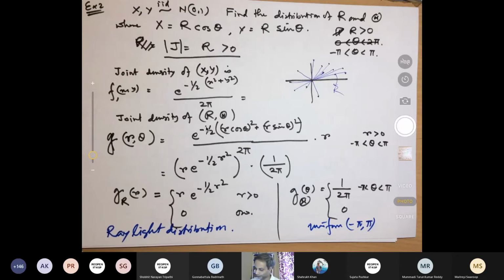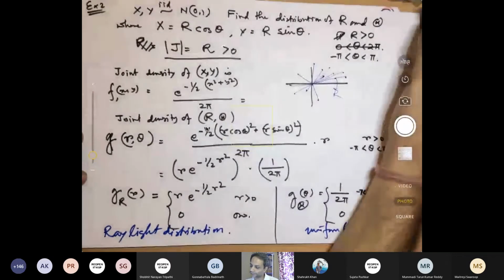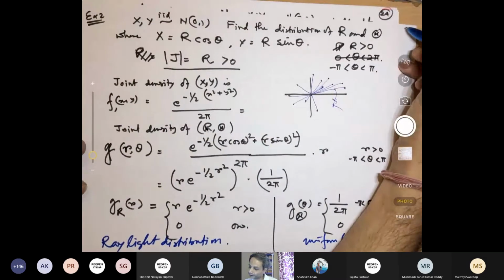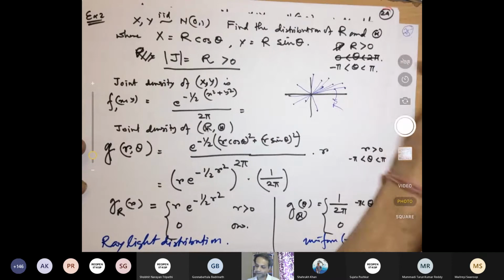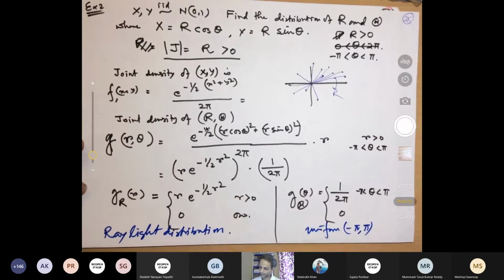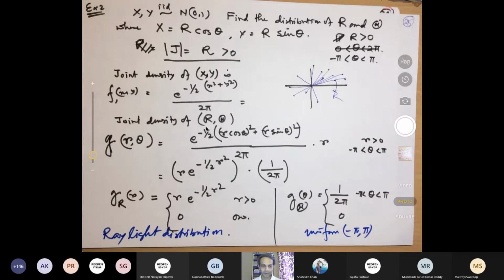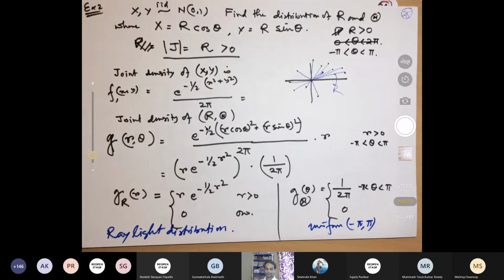Now, can you tell me what is the distribution of r square? Let us now start our work in terms of the Box-Muller method. Whatever we have taught so far, based on that, can you please tell me what is the distribution of r square by definition?